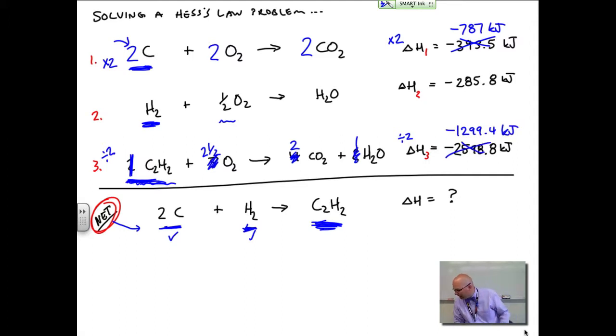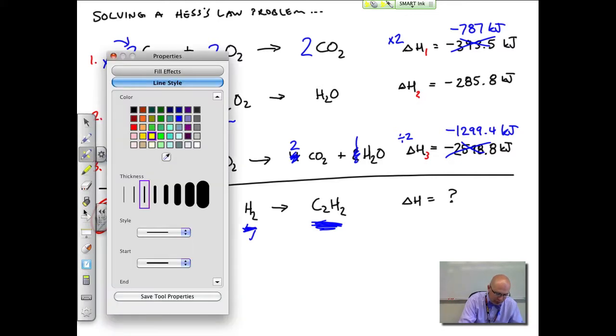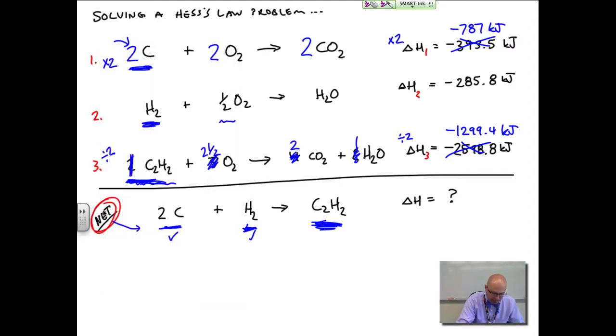But the other little wrinkle is, let me grab a different color. I don't know how well yellow will show up, so let me grab purple. Notice that my C2H2 is on the product, but over here it's on the reactant.